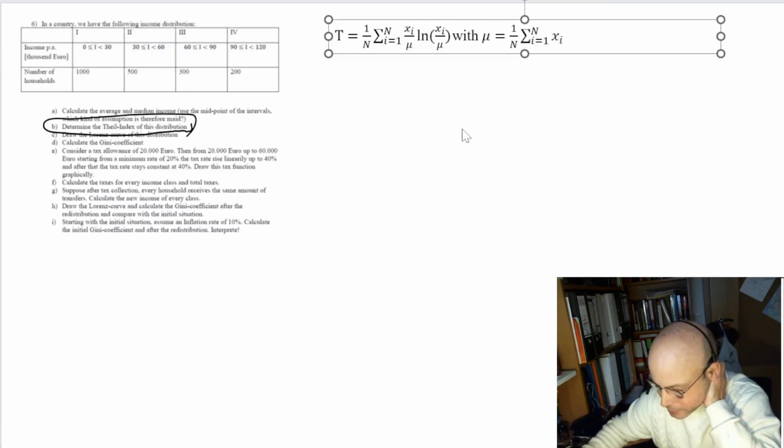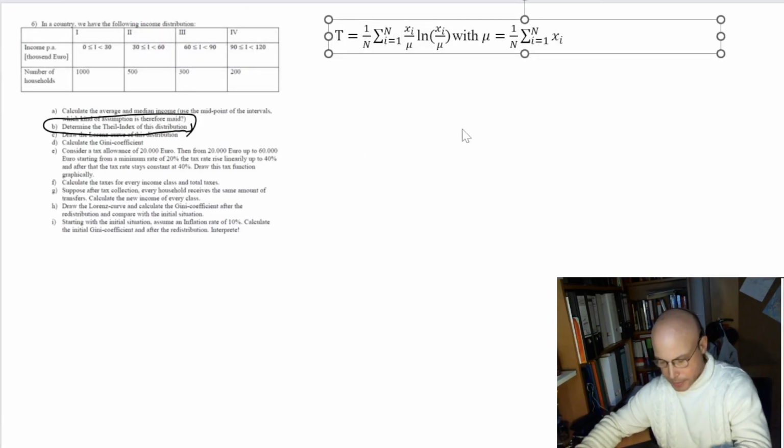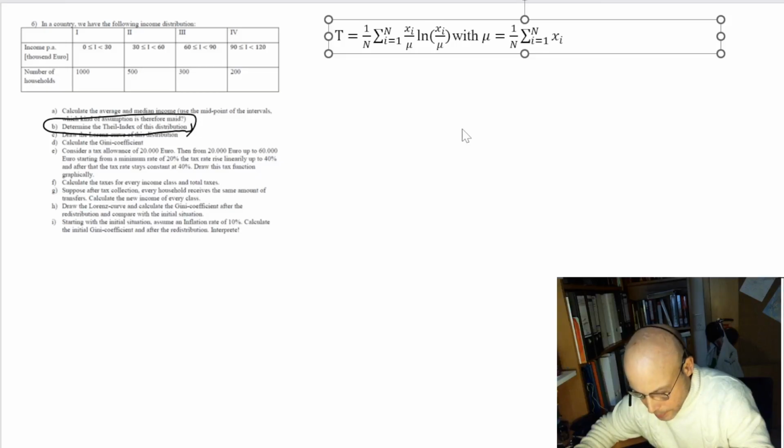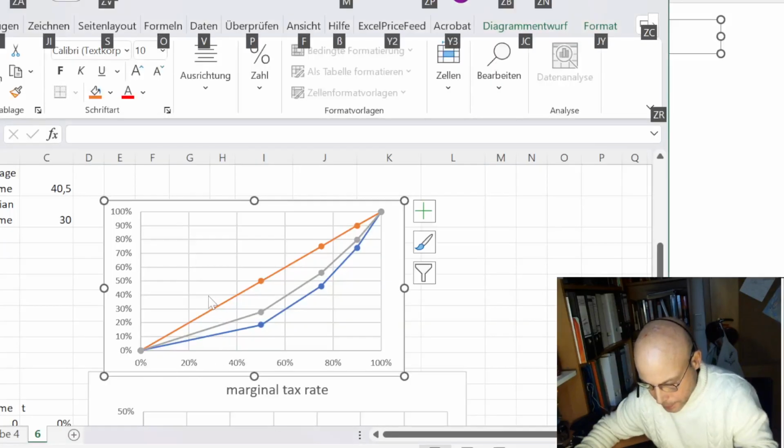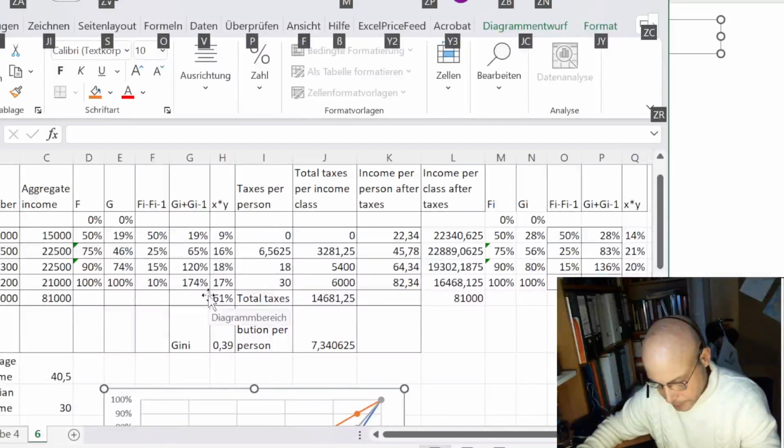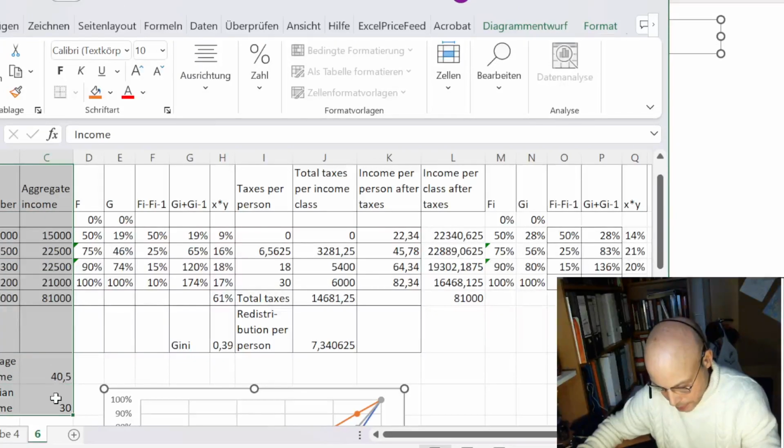What do we have to do? We take best just the data from here, and I think these data we need.